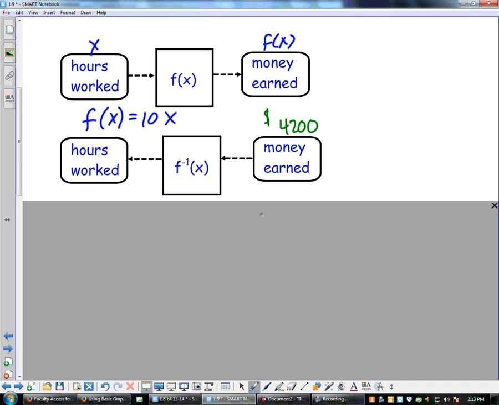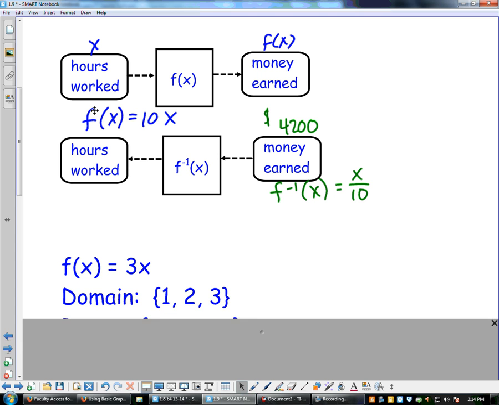Divided by 10. So in other words, f inverse of x, in this case, is going to be: take the input value, which in this case is not hours worked, but money that we want to earn, and divide it by 10. Do you understand that? Yes. All right, so if we enter $4,200 and divide by 10, how many hours does Cole have to work? 420 hours to go to France. All right?